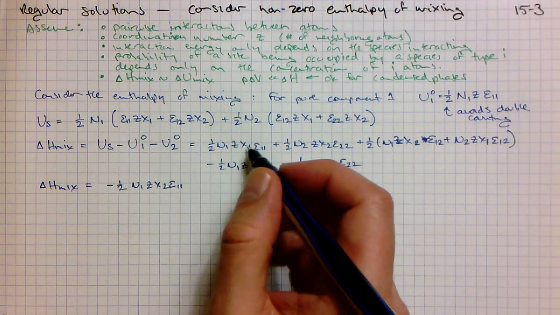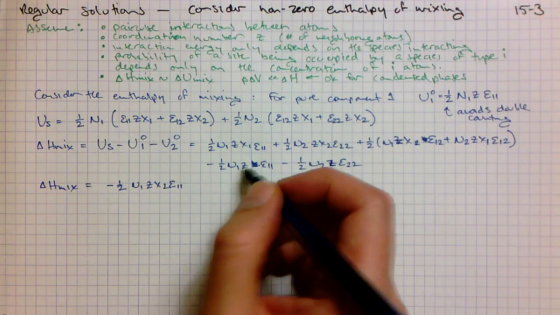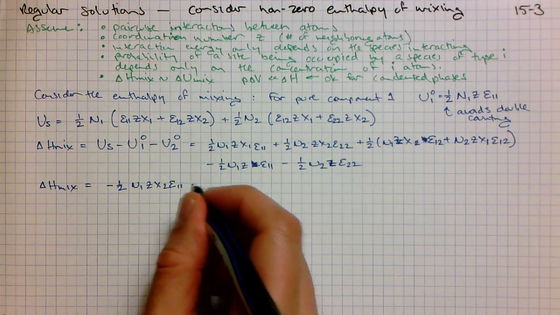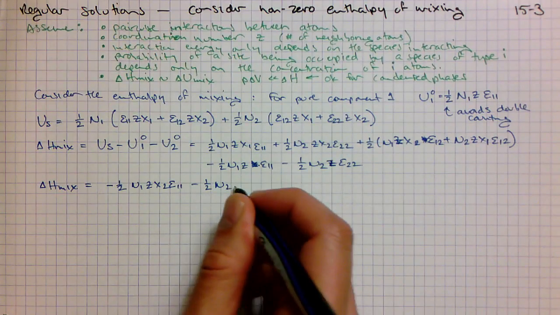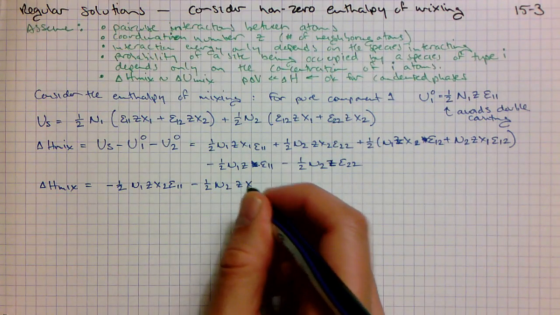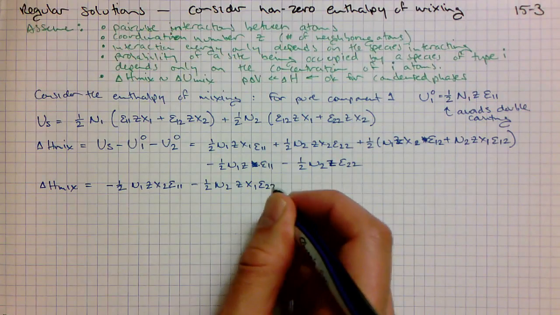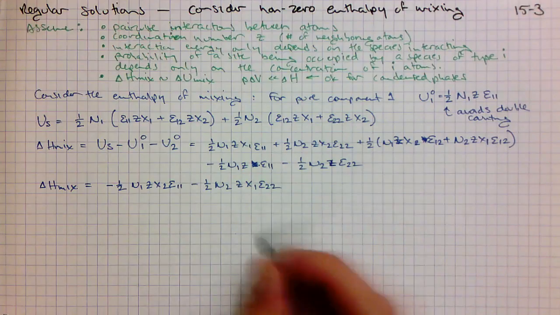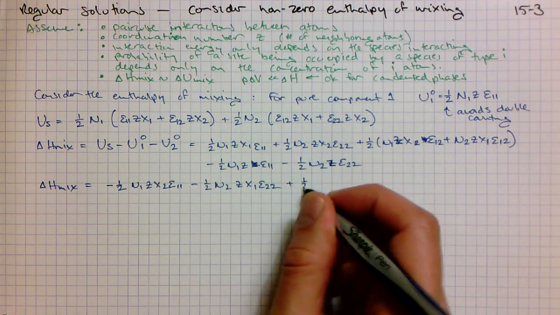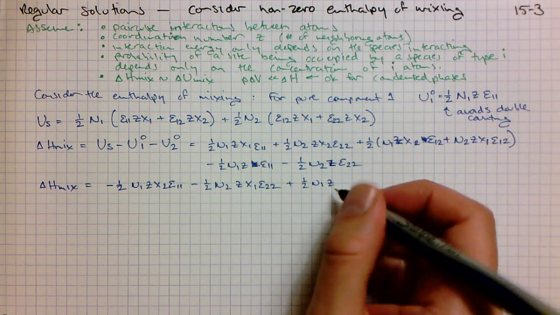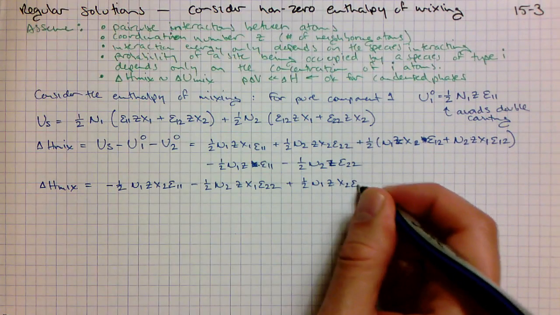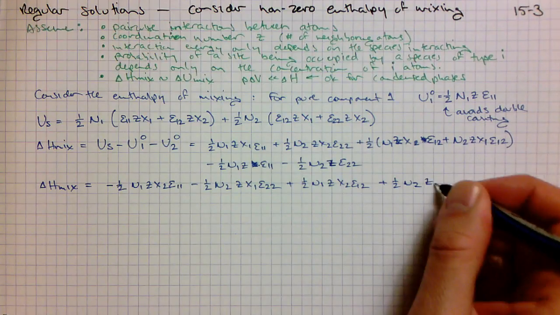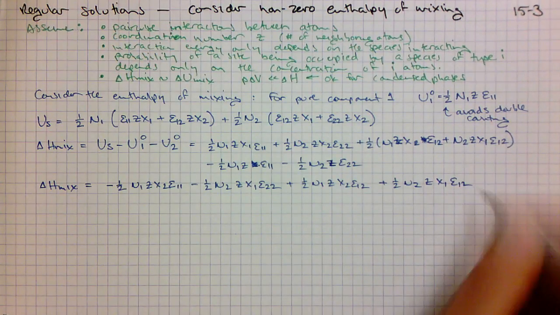Because 1 minus X1 gives us X2. And we're going to get a minus 1/2 N2 Z X1 epsilon 2,2. Okay, subtracting these off, and then we get this cross term, which remains the same, but I'll write this as 1/2 N1 Z X2 epsilon 1,2 plus 1/2 N2 Z X1 epsilon 1,2.